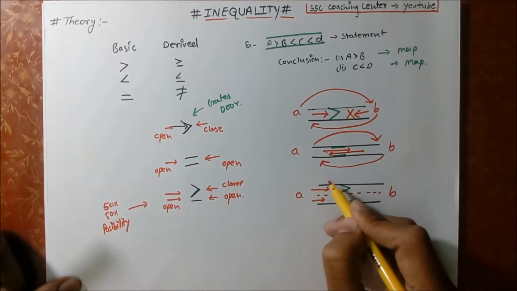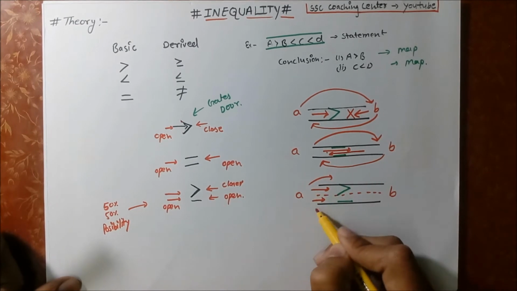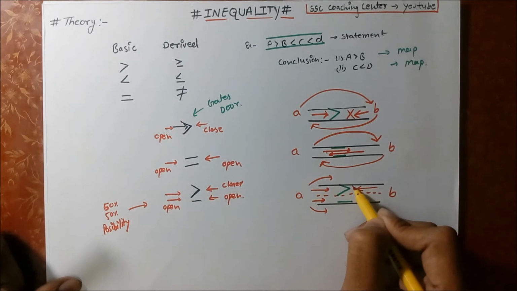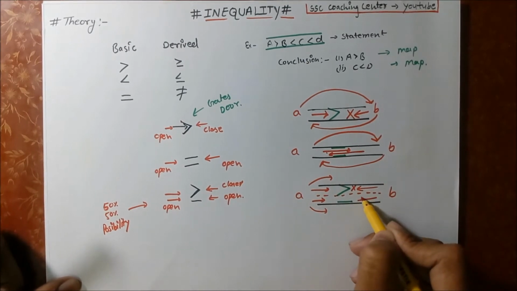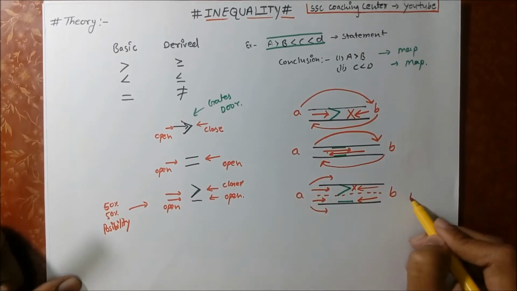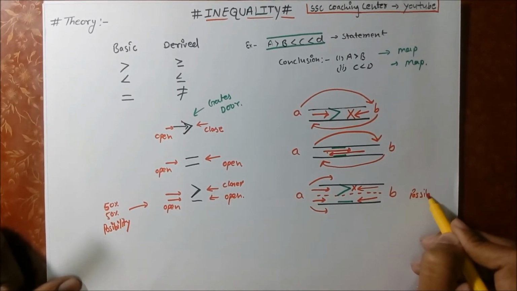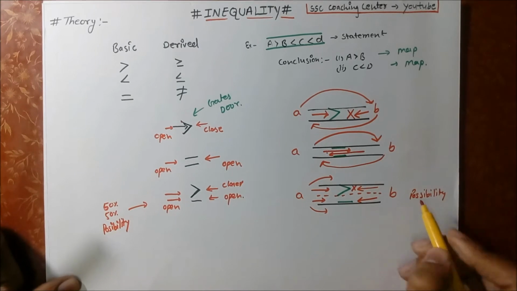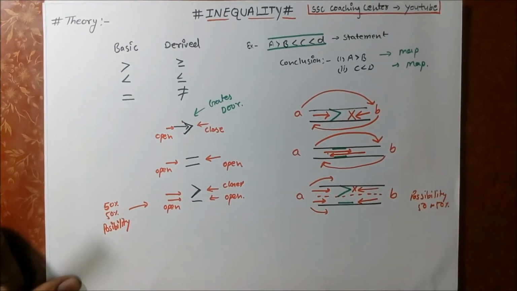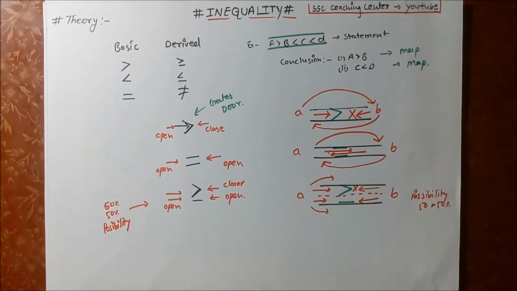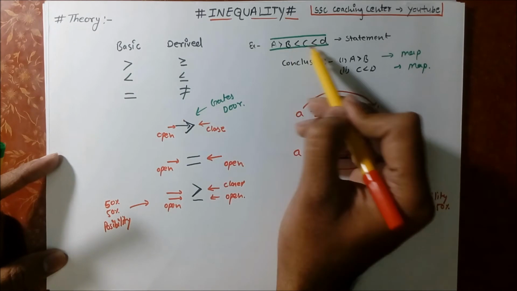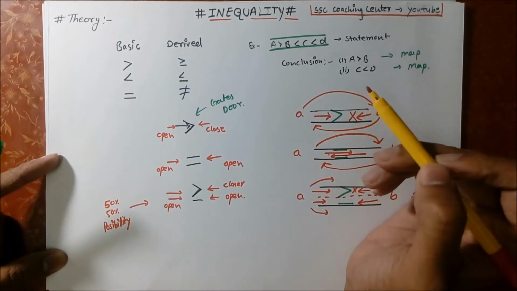But if I want to come back, then I cannot come by this route. I can come by this route only, right? So that's why this is a case of possibility, right? 50-50 chances, right?